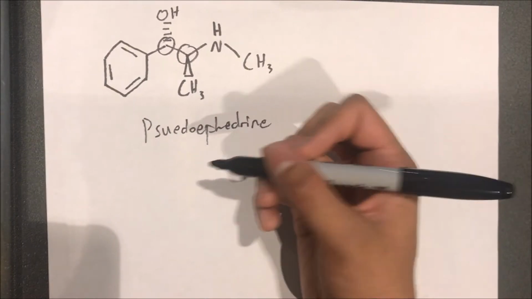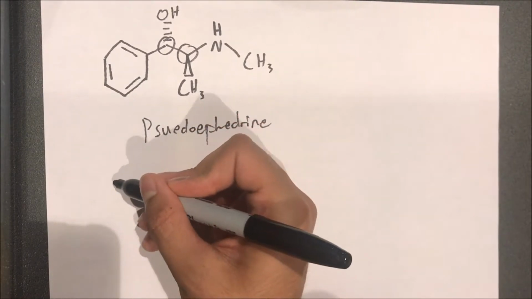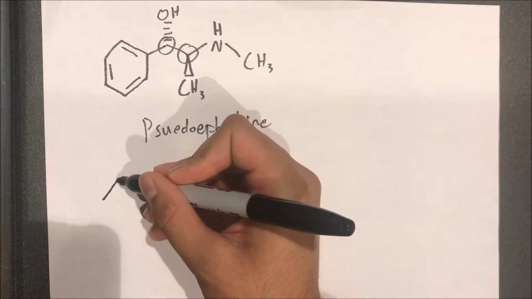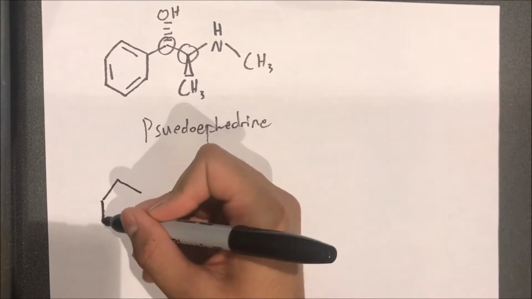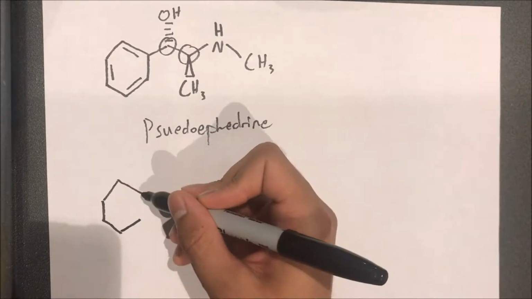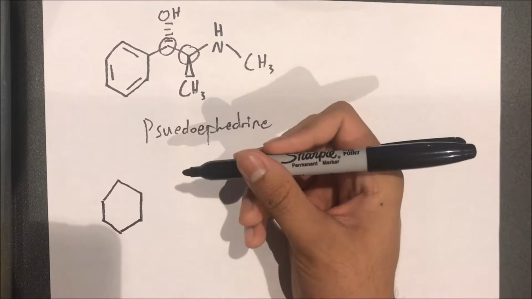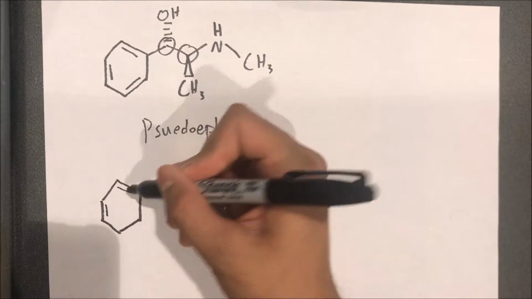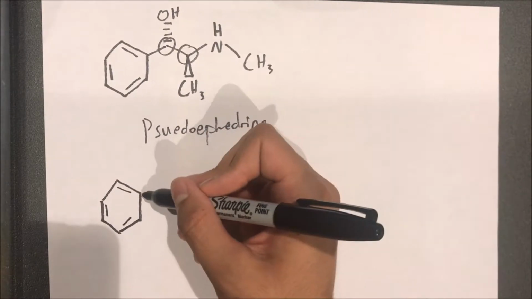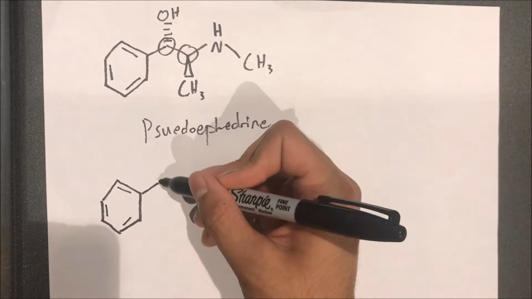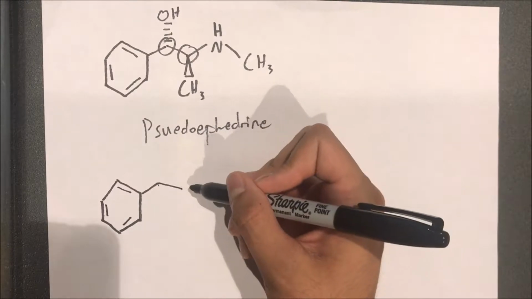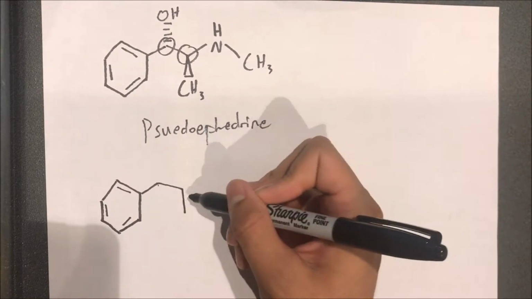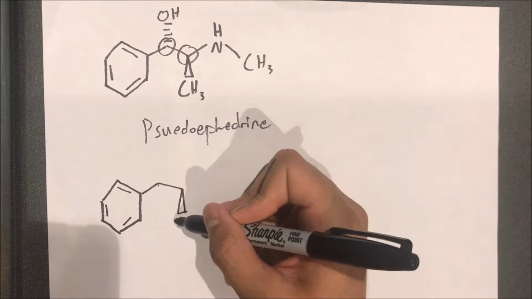And a generic drug that's similar to pseudoephedrine that has the same properties is phenylephrine. It starts out with the same benzene ring. So there's double bond, another double bond, another double bond. And the majority of the structure is kind of similar, so there's a methyl group right here.